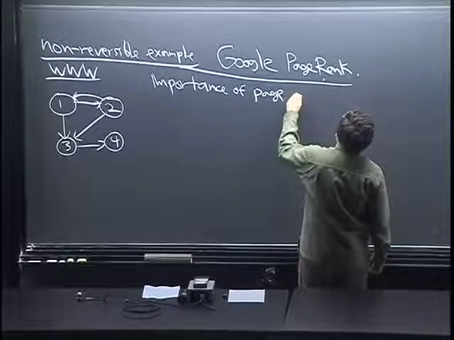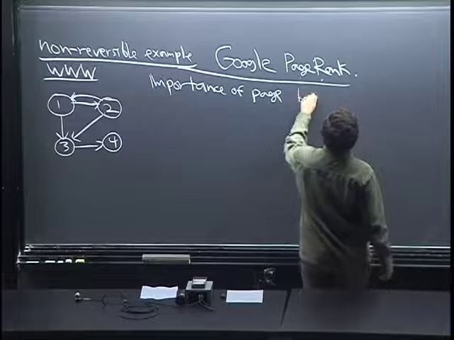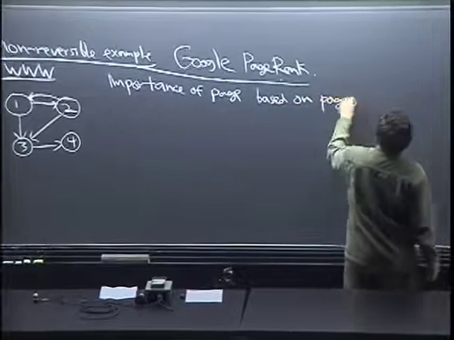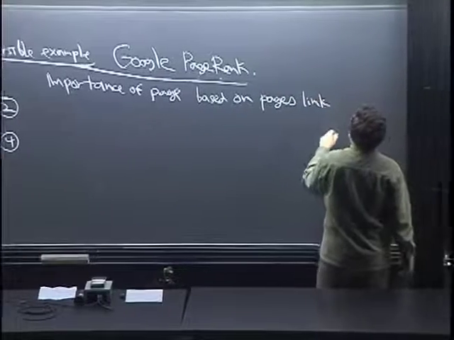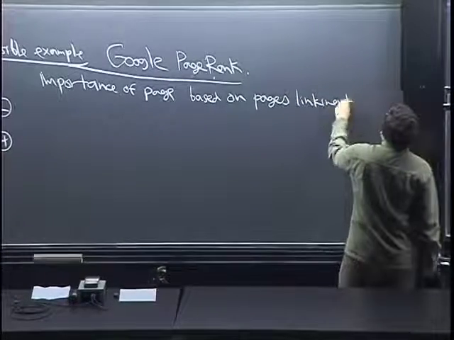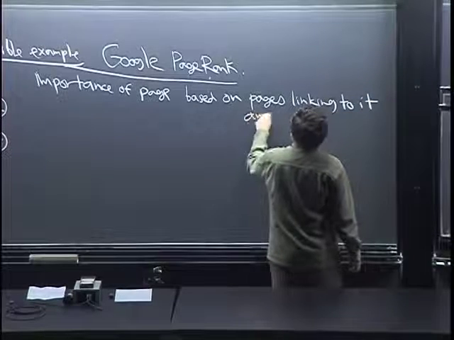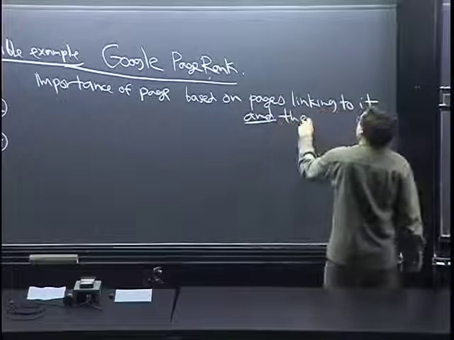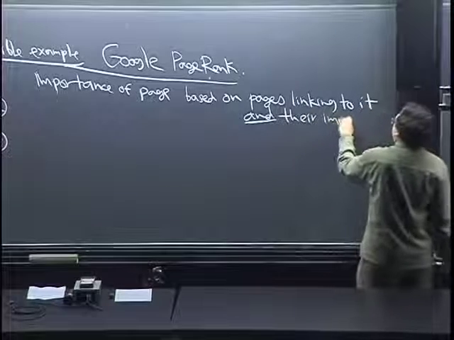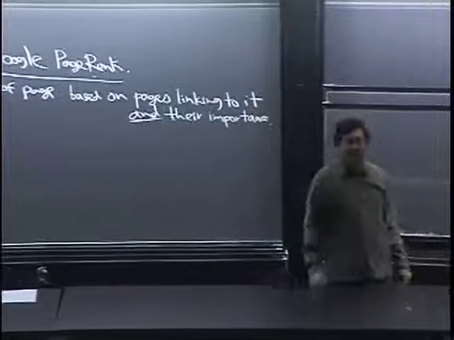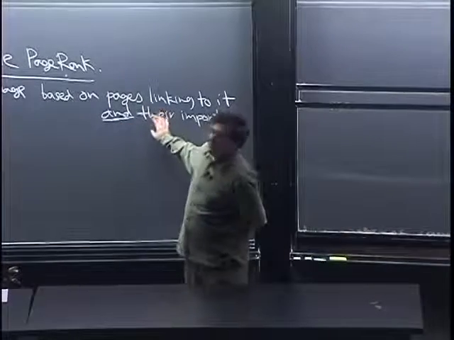The importance of a page should be based not only on the number of pages linking to it, but on the importance of each one. Well, that sounds like a circular definition, that we defined importance in terms of importance.